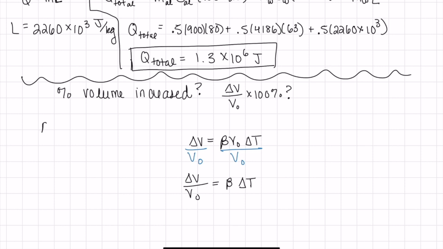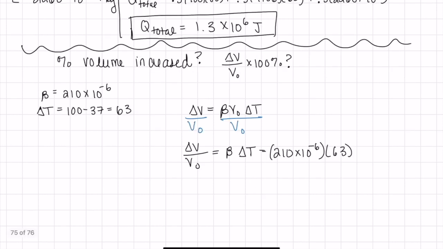Our beta for water is 210 times 10 to the minus 6. And our delta T we know from the previous part is 100 minus 37, which is 63. So we could plug both of those numbers in.